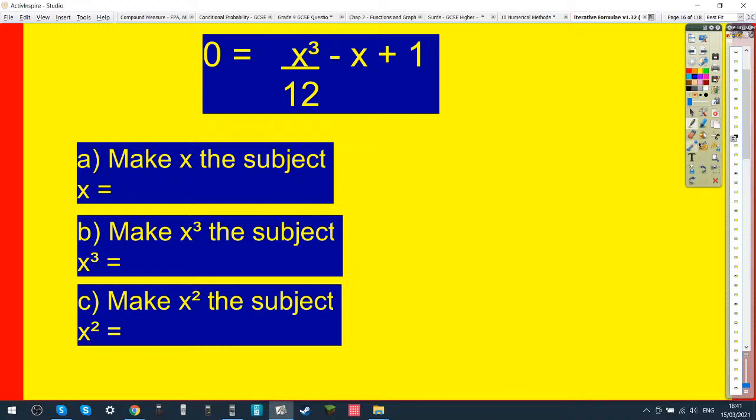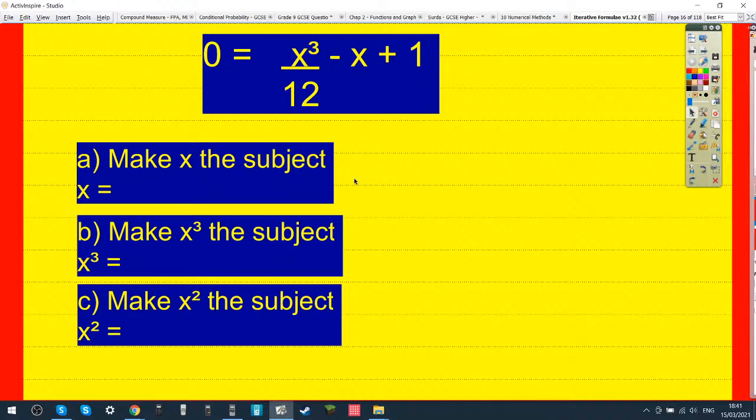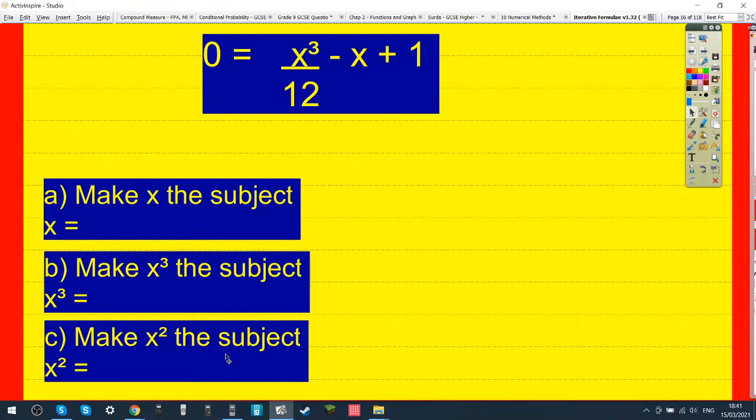Okay, this one. Make x the subject, add x to both sides. What do you get? If we add x to both sides, we get x equals x cubed over 12 plus 1. How would you make x cubed on one side by itself? We would then do 12x minus 1 equals x cubed. 12x minus 12, I believe.